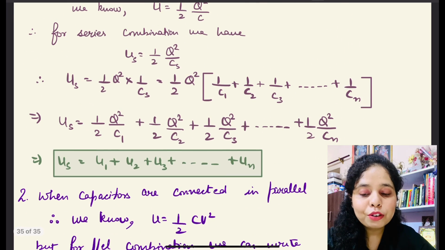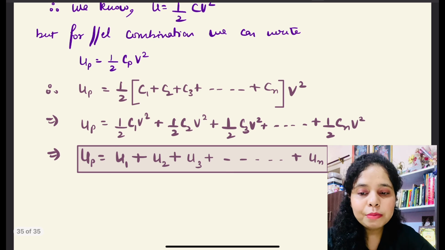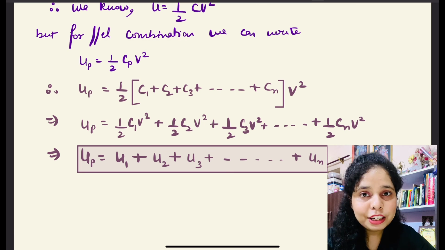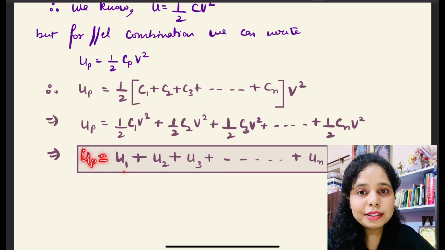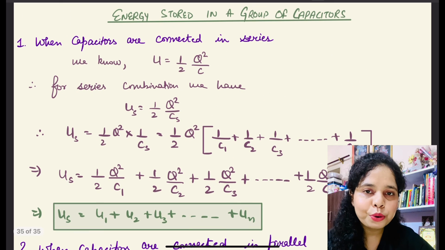That is for series combination, US is equal to energy stored in the first capacitor plus second capacitor plus third capacitor. And similarly for the parallel combination, we again have total energy UP is equal to energy stored in the first capacitor plus energy stored in the second capacitor plus and so on Un.